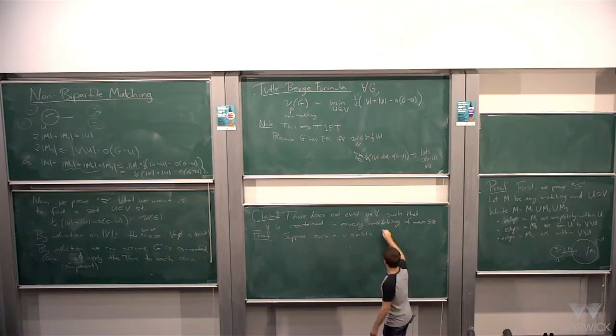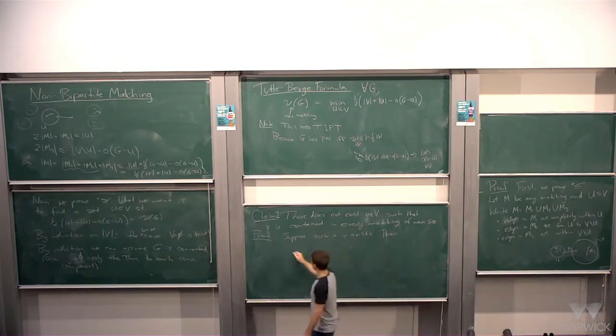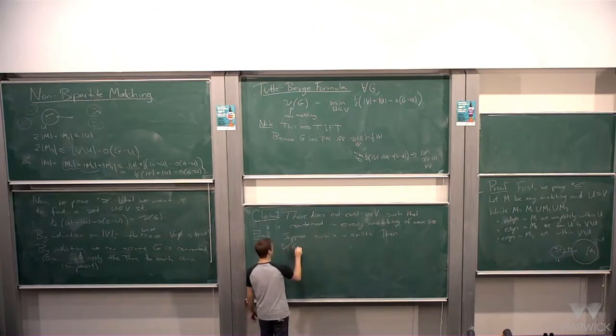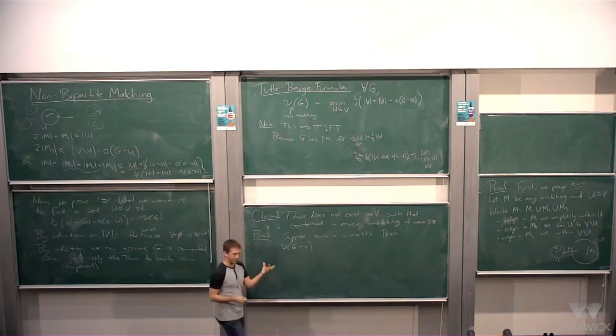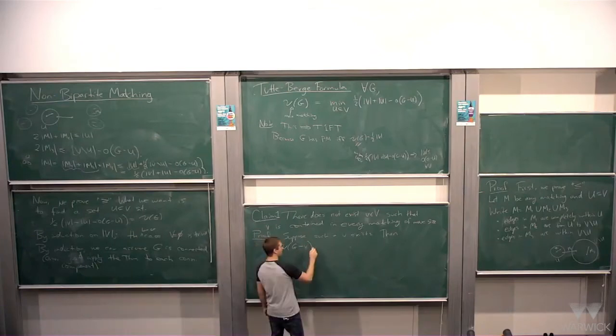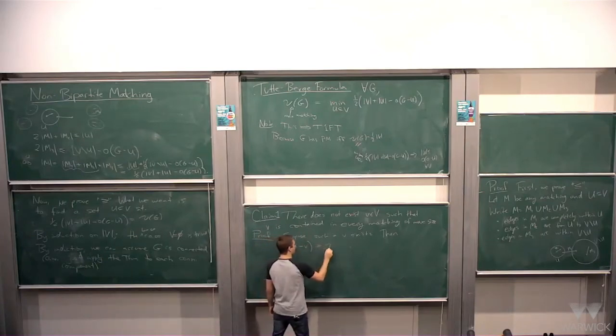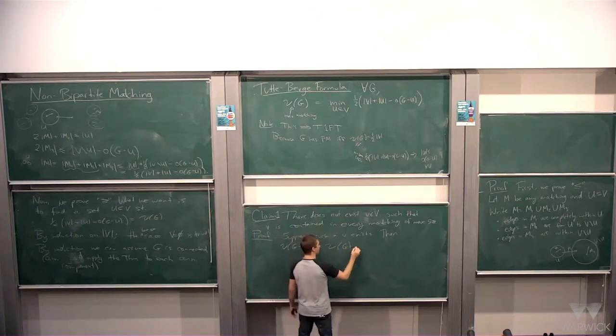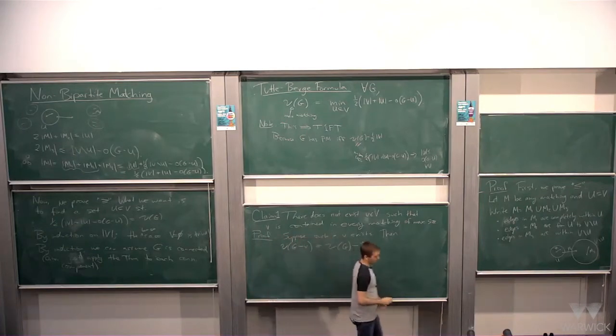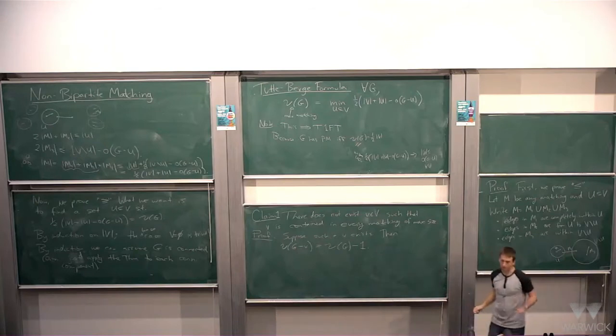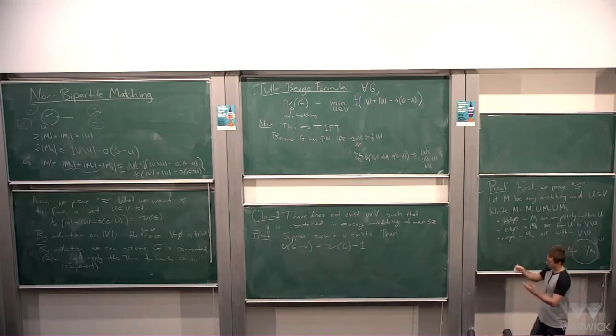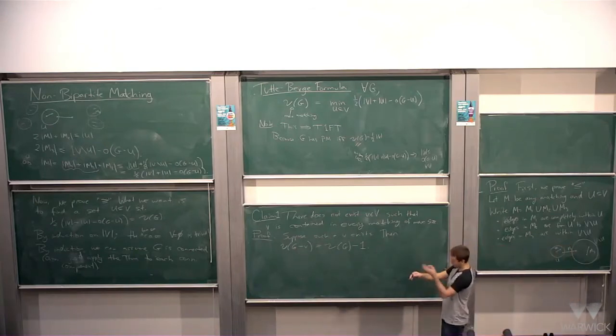So the size of the biggest matching in G minus v, which just means I delete the vertex v and all the edges from it, is going to be exactly the size of the biggest matching in G minus 1. If you take any biggest matching in G, when you delete v, it drops by 1.